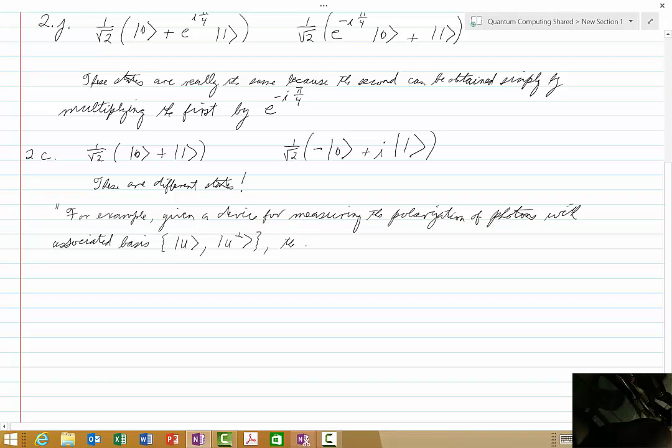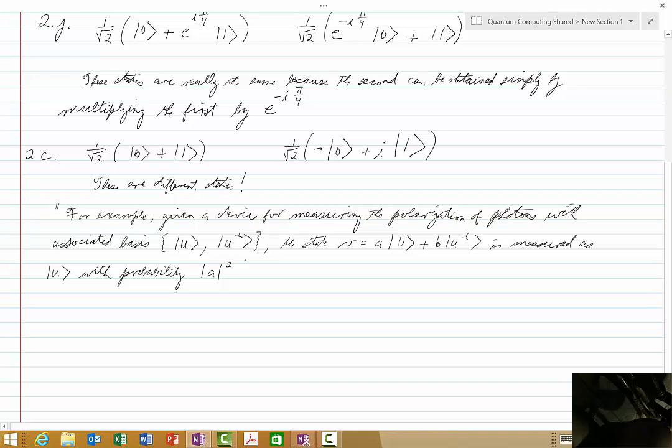The state V equals AU plus BU orthogonal is measured as U with probability the absolute magnitude of A squared.